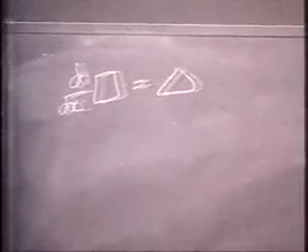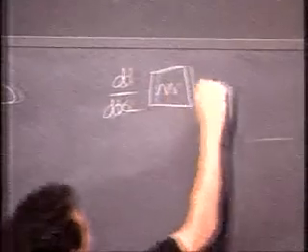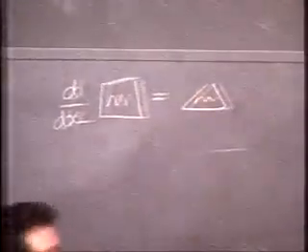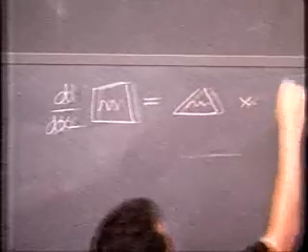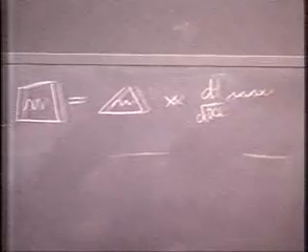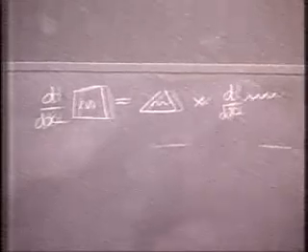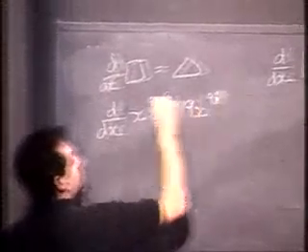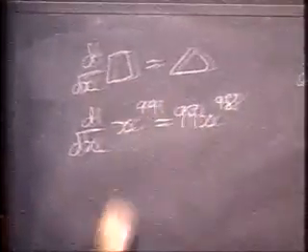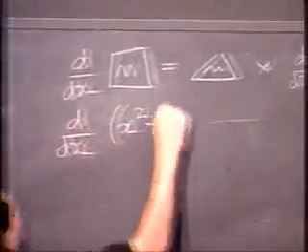But if I know that d/dx of this is the triangle, then d/dx of something or other is equal to the triangle, but with x replaced by this, times the derivative of this squiggly thing inside. Okay? So that's my hieroglyphic version of this whole thing, right? So if I happen to know the derivative of x to the 99 is 99x to the 98, I've got 2 functions, the square and the triangle. Then d/dx of, say, (x squared plus 1) to the 99.